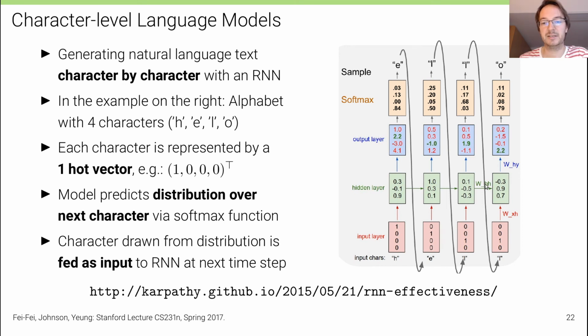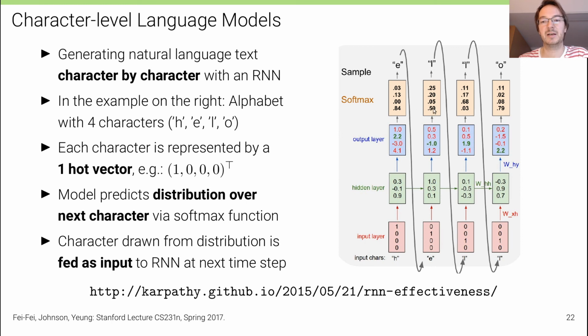So here's the RNN. The model takes the input, computes a hidden representation. Let's say it takes the E, computes a hidden representation using the previous hidden state and the current input. And then the output is an unnormalized distribution over the probabilities of the particular output character, which is then normalized using a softmax.